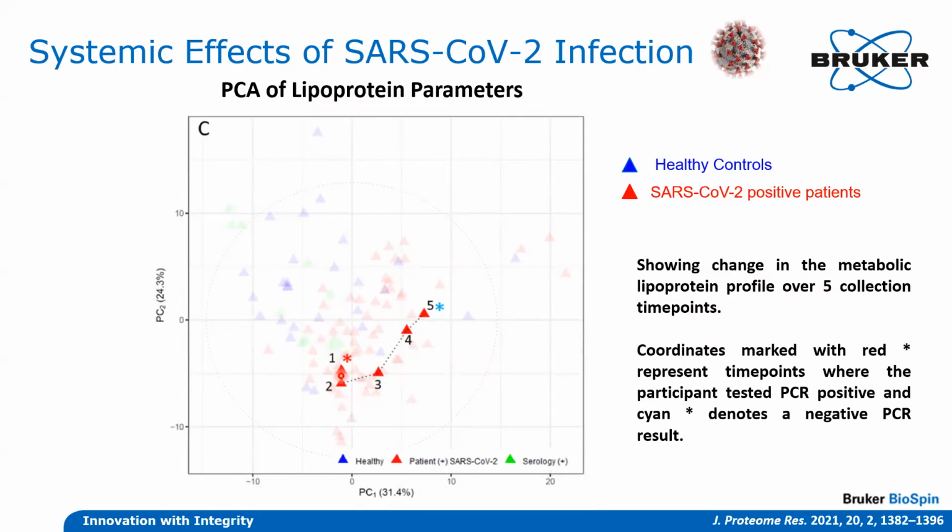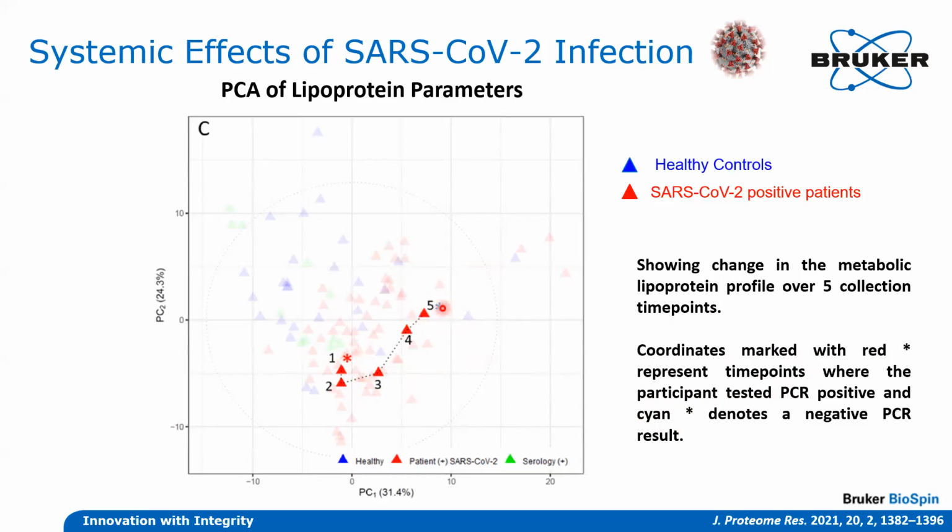This is time point 1, time point 2. From this plot, the red star represents the time point where the participant tested PCR positive, and the cyan star, which is number 5 here, is where the participant already tested negative.